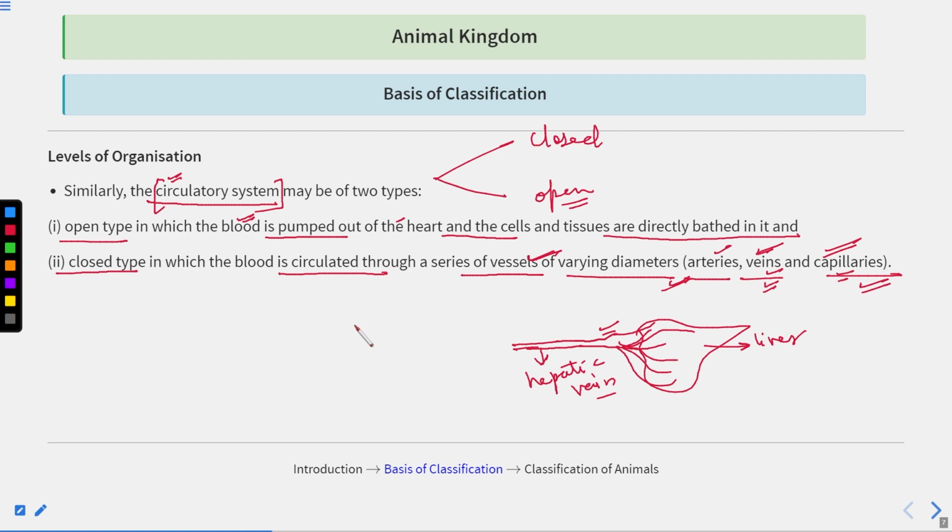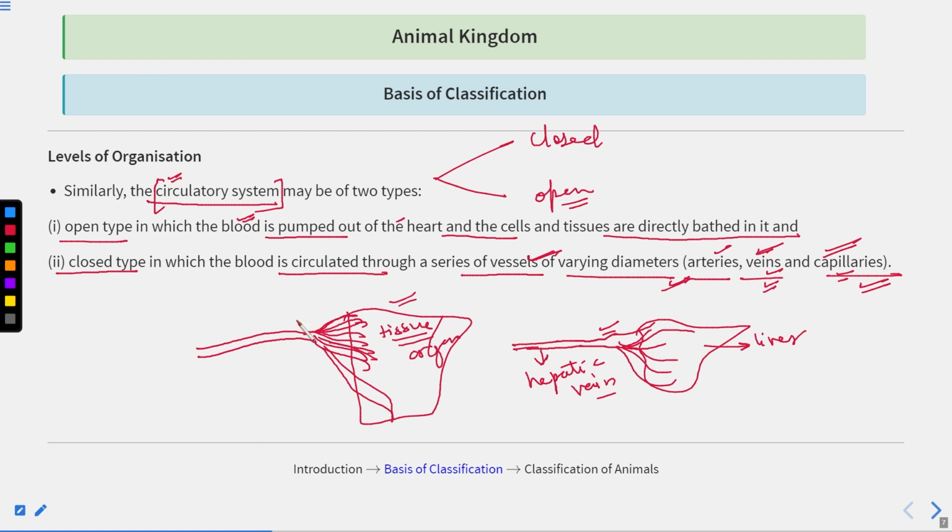And what happens, suppose this is a tissue or an organ, then when the artery reaches that organ, it divides into fine blood capillaries, like this.